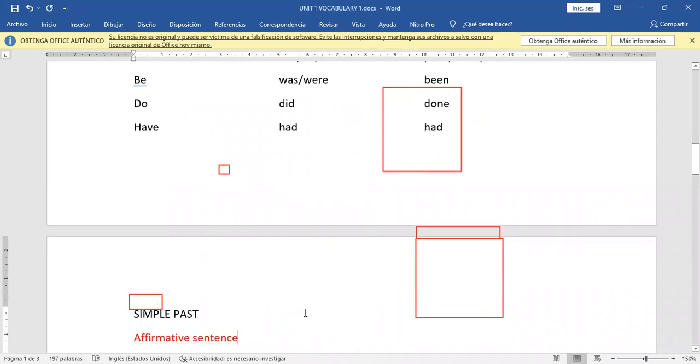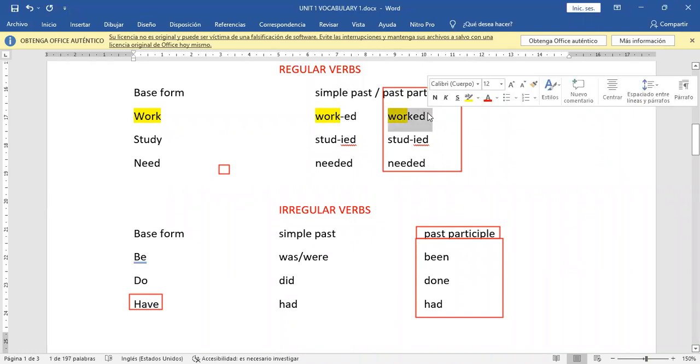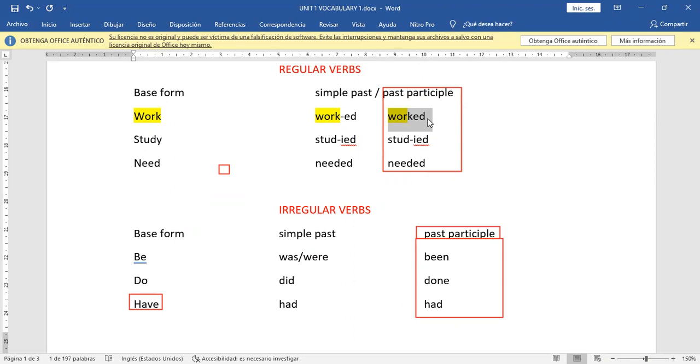Now let's organize sentences. Before, past participle. What does worked mean in past participle? What does studied mean in past participle? Needed, been, done, had.